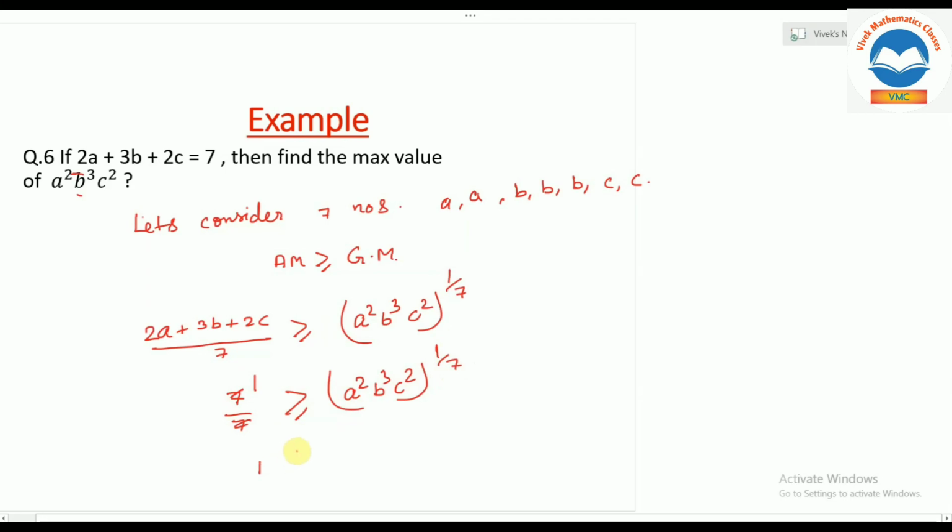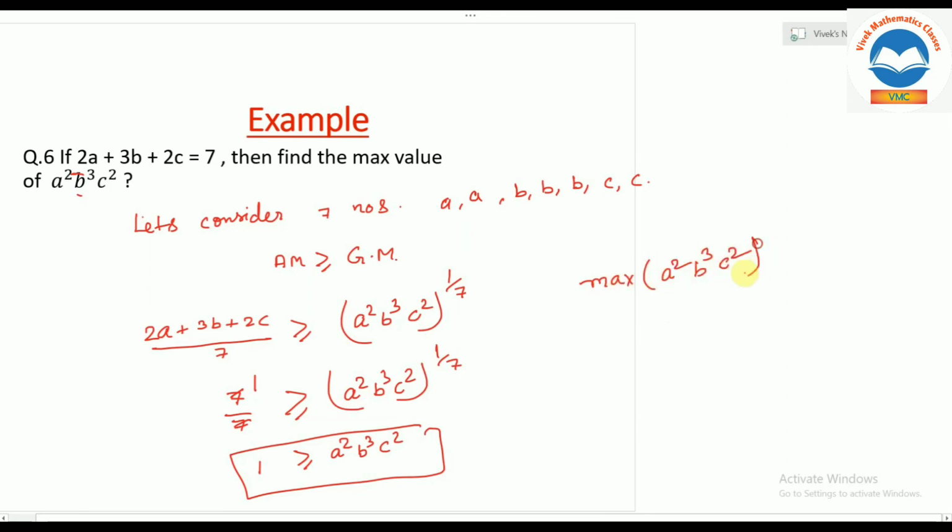So here we will get 1 greater than or equal to a squared b cubed c squared. It means the maximum value of a squared b cubed c squared will be 1.